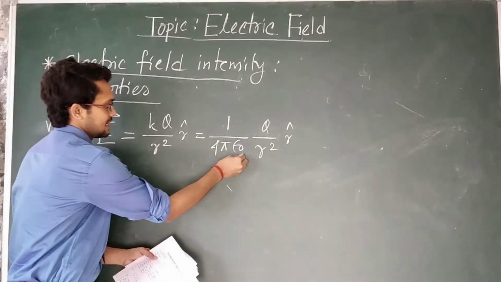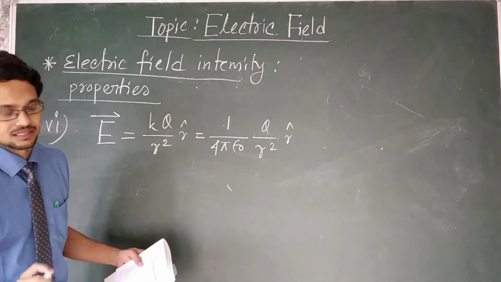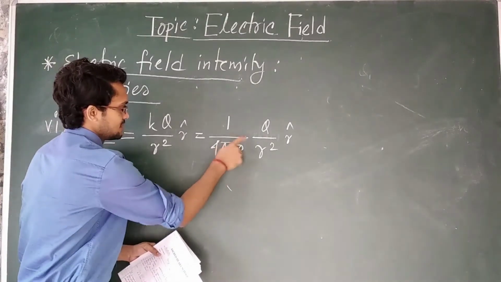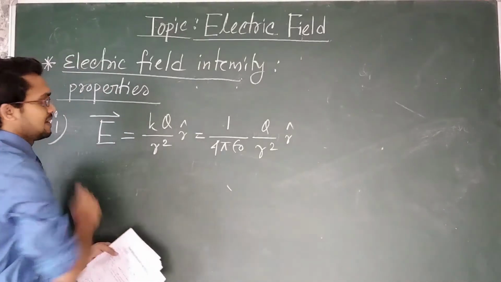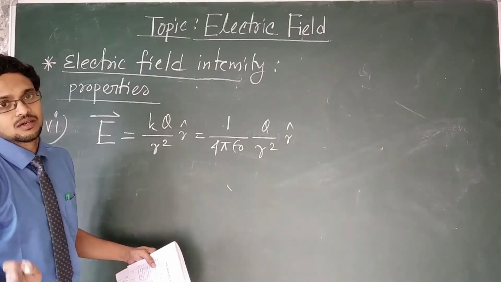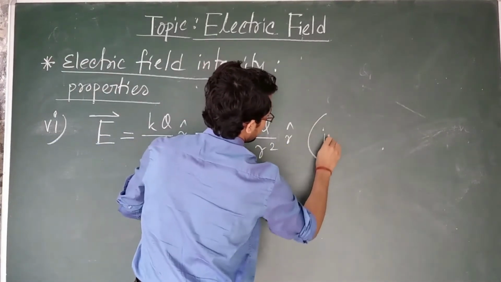Now look at this epsilon 0. Epsilon 0 is what? Permittivity of free space. So due to this permittivity of free space, the electric field intensity will also depend on the medium. So this formula is applicable in free space.